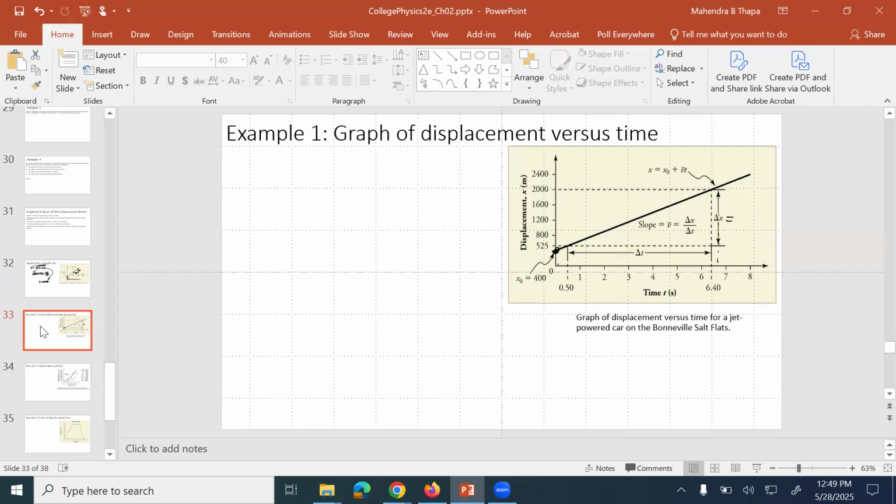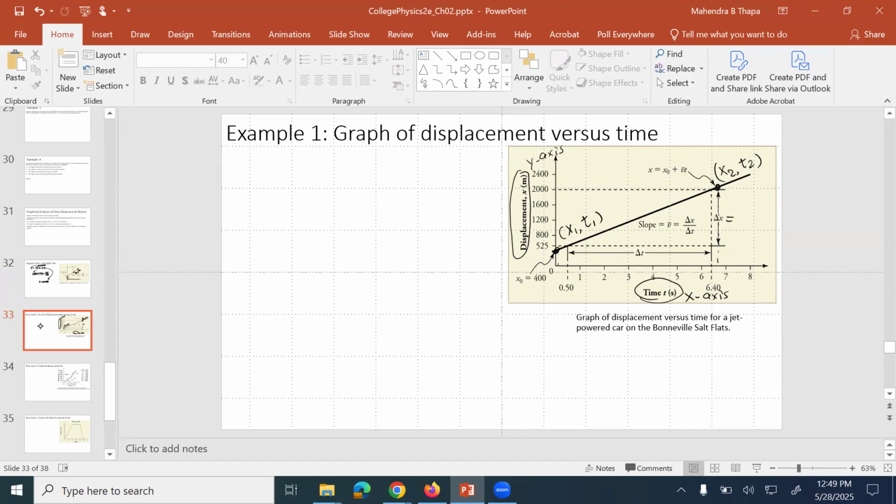So this is a plot of displacement versus time. Displacement is plotted along the y-axis and time is plotted along the x-axis. Okay. So this is a straight line. I take 2 points. My one point is x2 and time t2, and that point will be x1, t1.